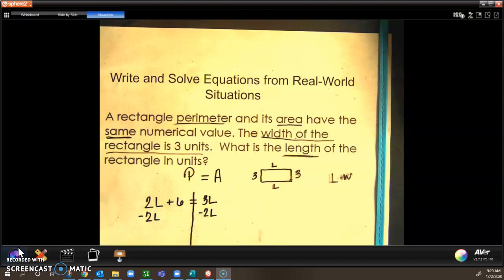This cancels out, so I'm left with 6. 3L minus 2L is equal to L. So 6 is the length. The length of the rectangle is 6 units.